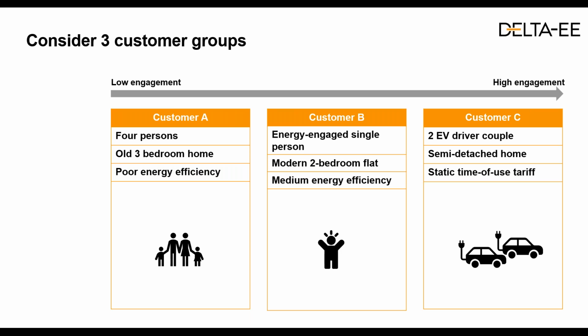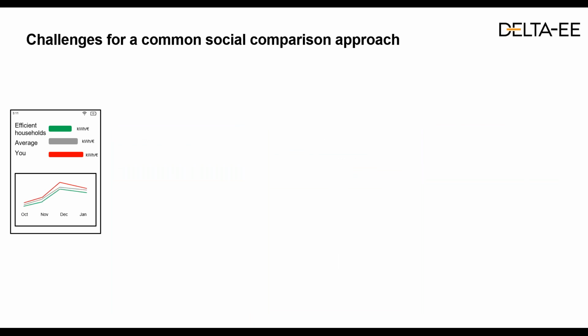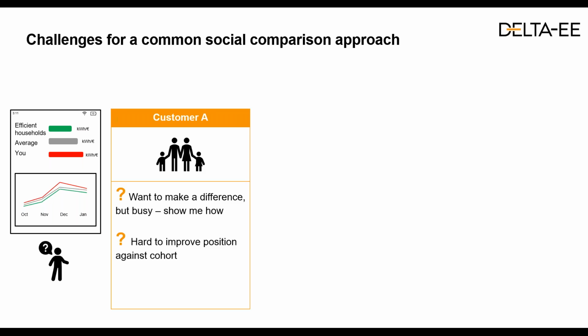So how will they react when they receive a typical social comparison? Everyone, we mentioned the 3 types of customers. They have received these most common social comparison examples on the left hand. They might come up with very different questions to challenge the result.